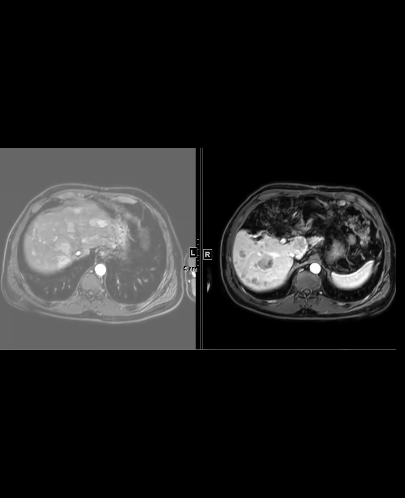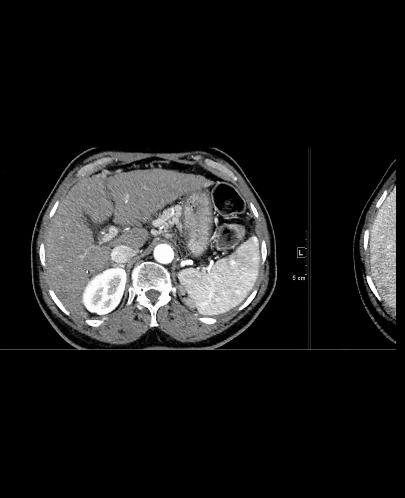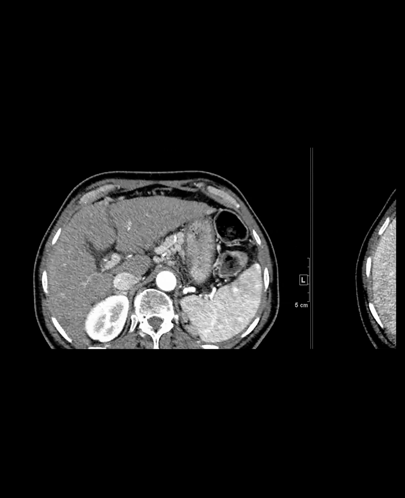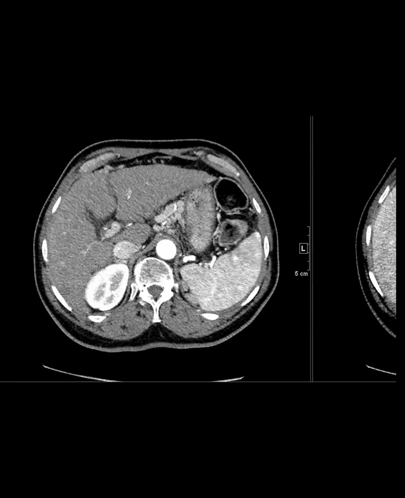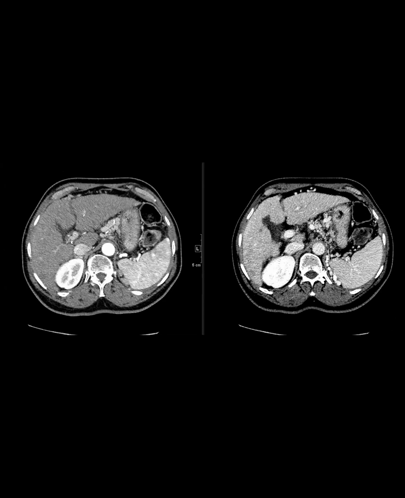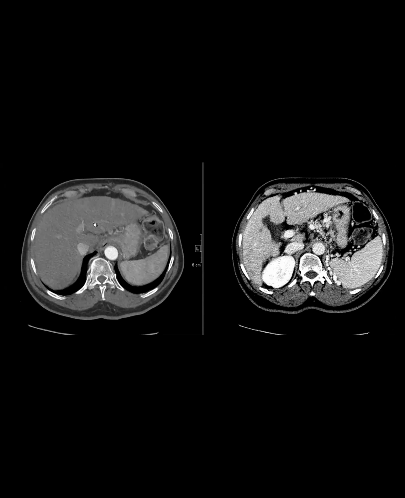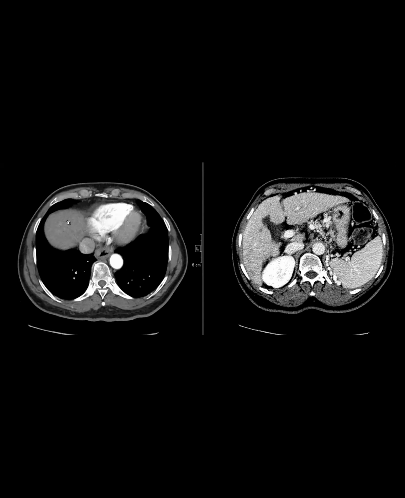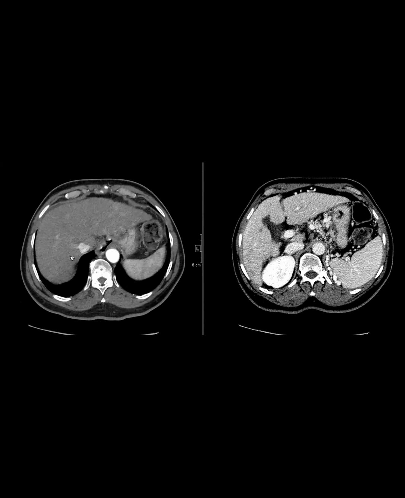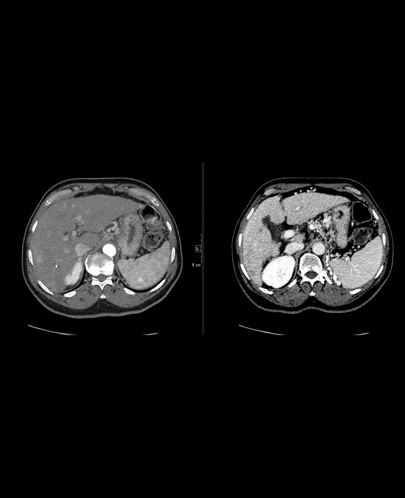And the last case is an interesting case for transplant centers that use OPTN criteria rather than LI-RADS. So this was a patient, a transplant candidate, and you can see multiple lesions in the liver.